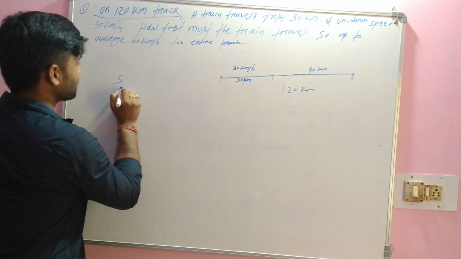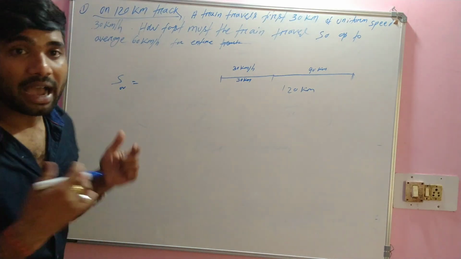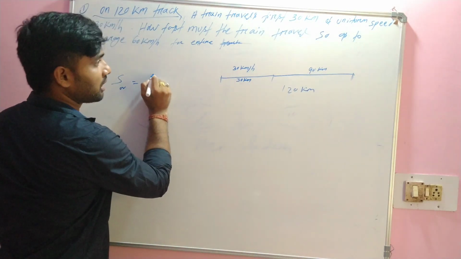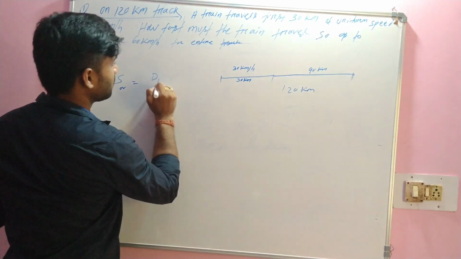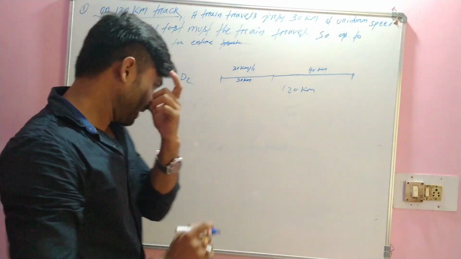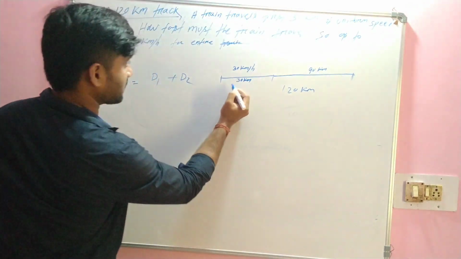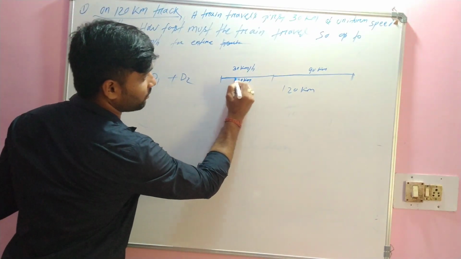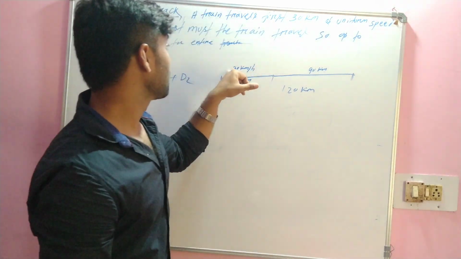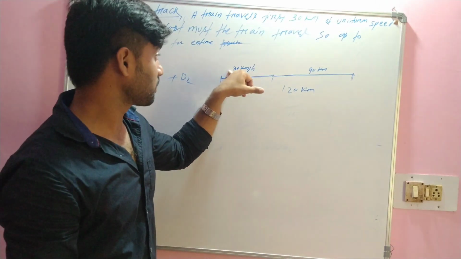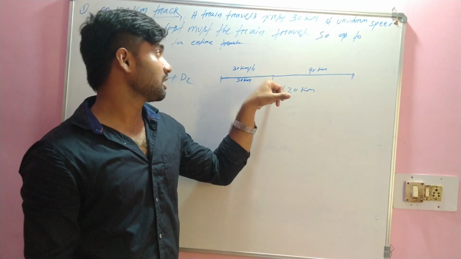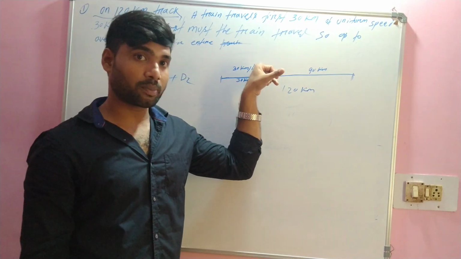Tell me, what is the average speed given? Average speed means total distance by total time. Total distance here is d1 plus d2 by total time. The train covered 30 kilometers with speed 30 kilometers per hour.